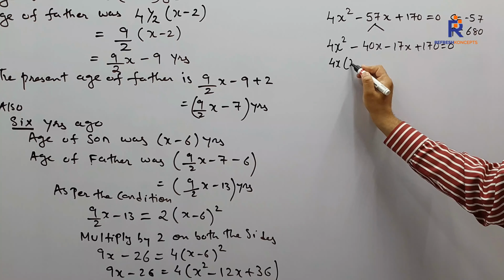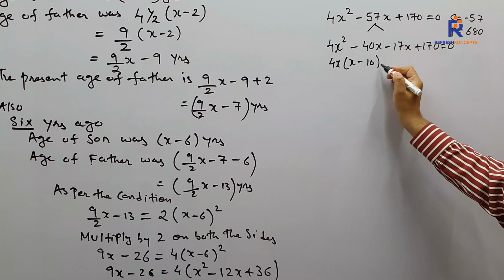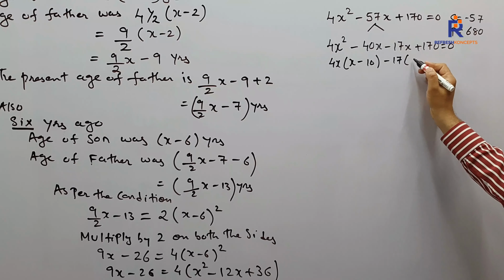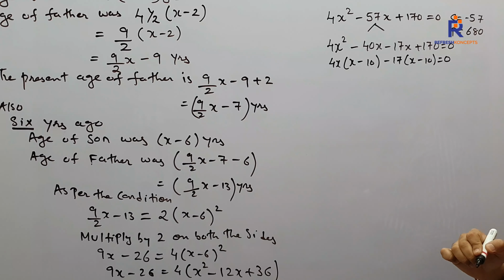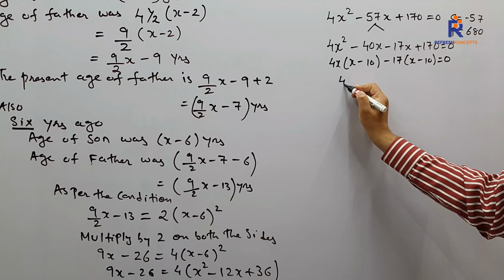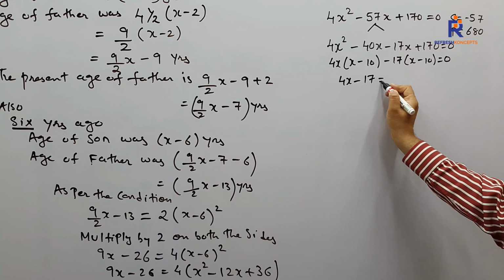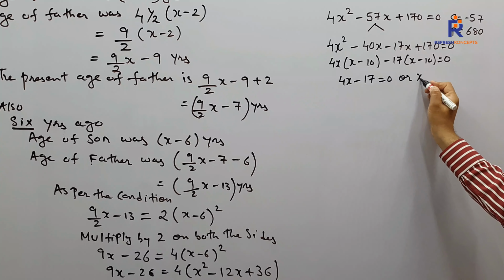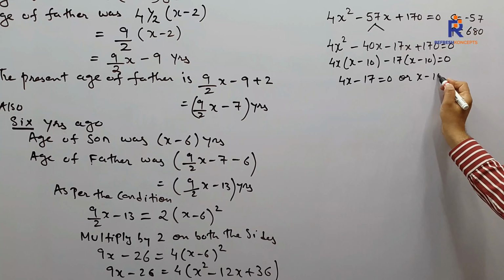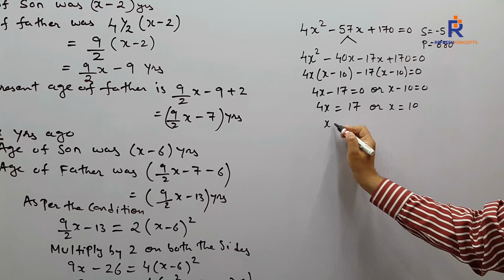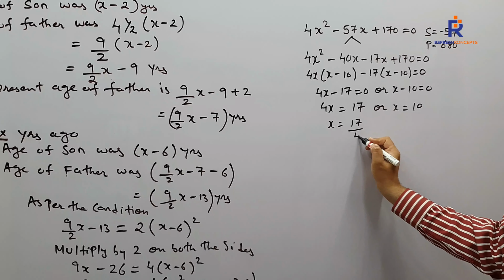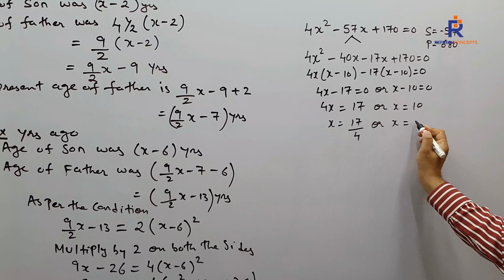So 4x, x minus 10, minus 17, the inner sign will change, x minus 10 equals 0. So 4x minus 17 equals 0 or x minus 10 equals 0. 4x equals 17, or x equals 10. x equals 17 by 4 or x equals 10.